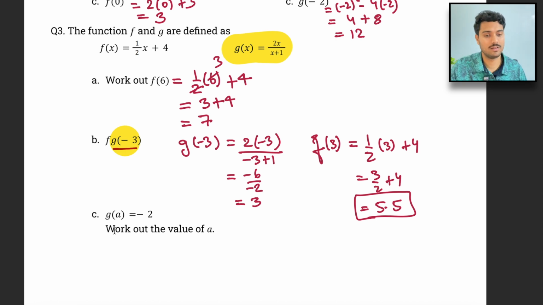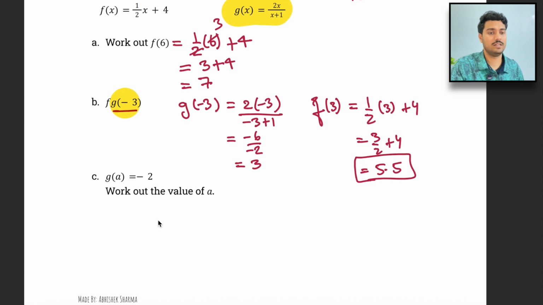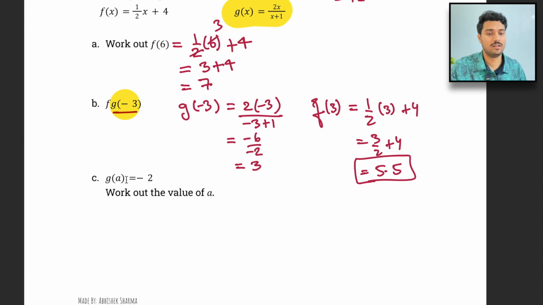Let's check part C now. It says g of a is equals to negative 2. Work out the value of a. So if g of a is negative 2, can we write negative 2 is equals to 2 times a upon a plus 1. So transpose a plus 1 in the LHS. So minus 2 times a plus 1 is equals to 2a.